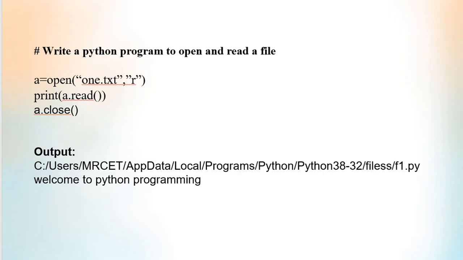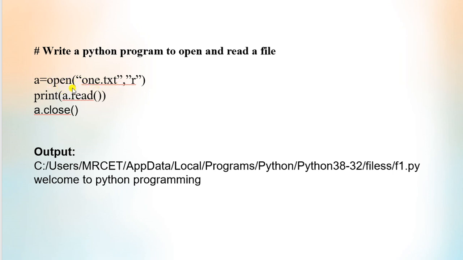As I mentioned in the previous session, we have to open a file before reading and writing operations. Look at this slide. This is the program to open a file and read the file. For opening a file, we use the function open.